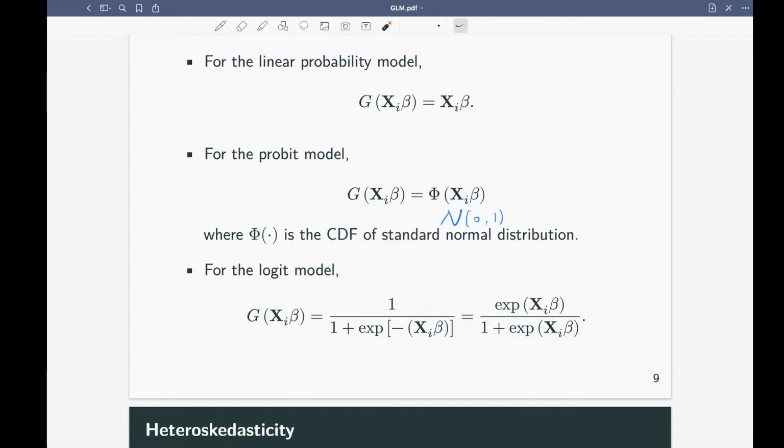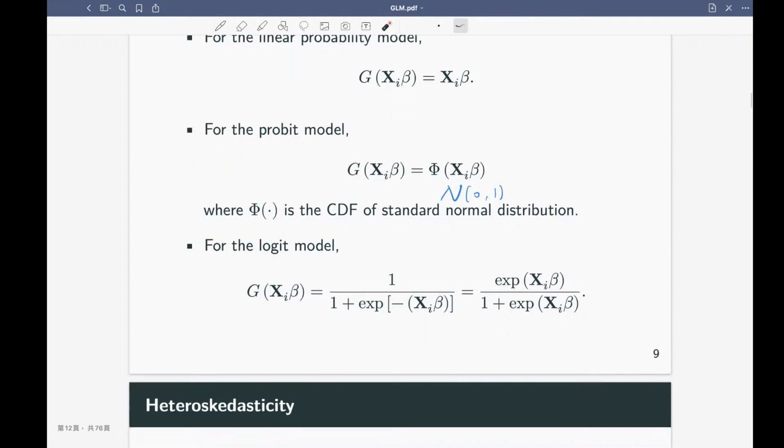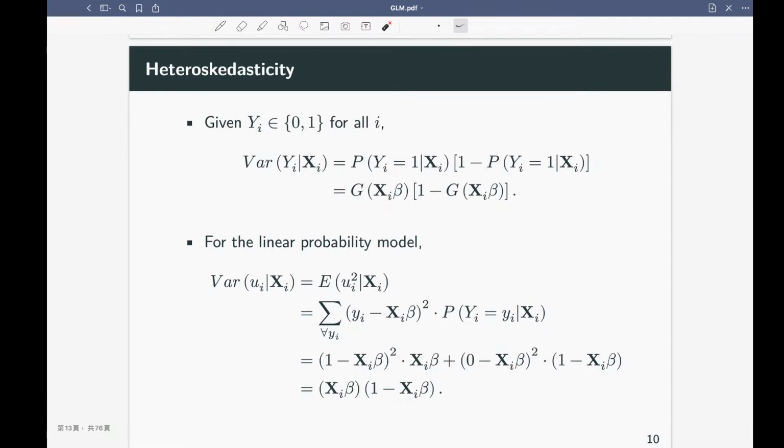And from the right-hand side to the left-hand side, you can divide by the exponential of x beta at the same time, and you get this result. So in the Logit model, you should focus on the logistic function here. In this model setting, we will find the model is heteroskedastic, so we should use a robust standard error.